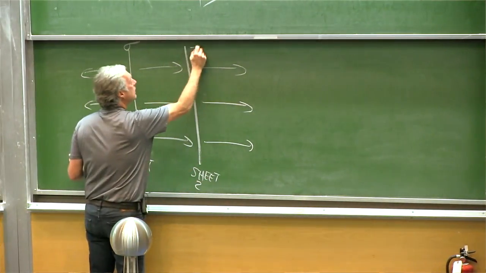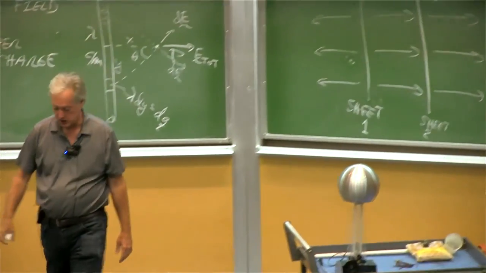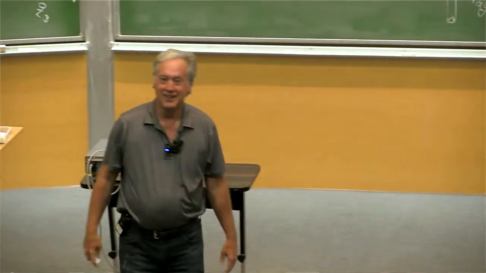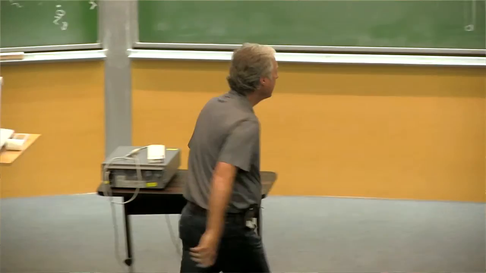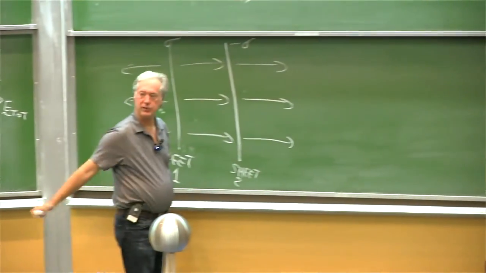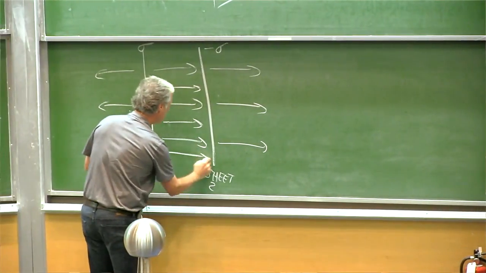And I'm going to put a minus sigma on that sheet. Okay? I can do this. I have the chalk in my hand. All right, so I'm going to put a minus sigma over there. And this one will make the electric field pointing towards it.